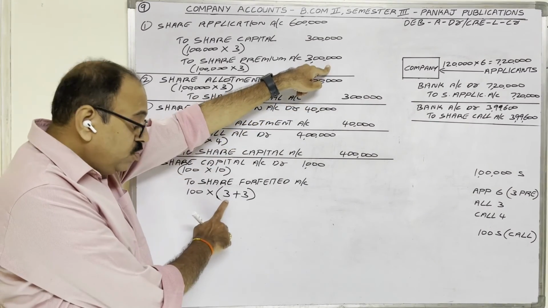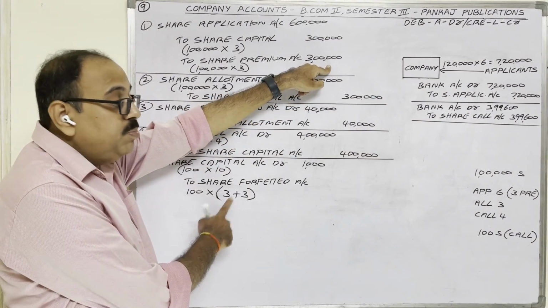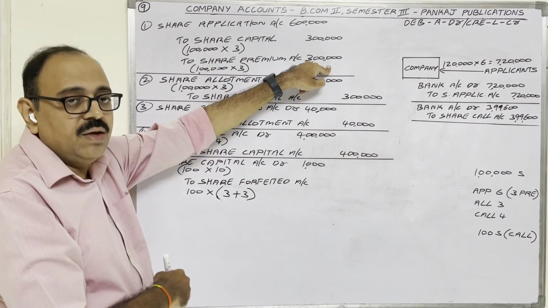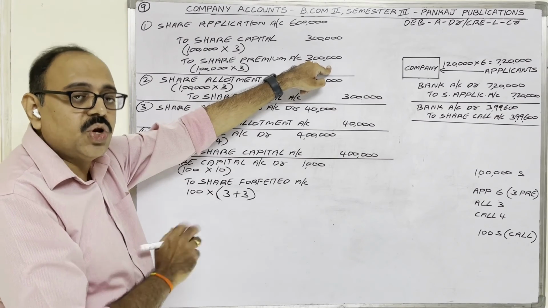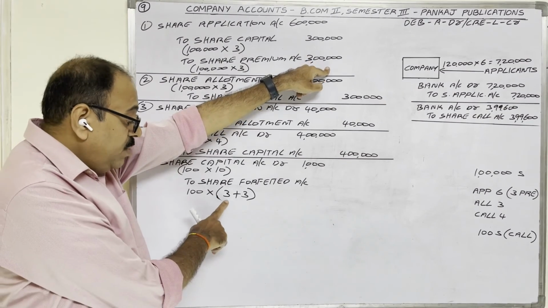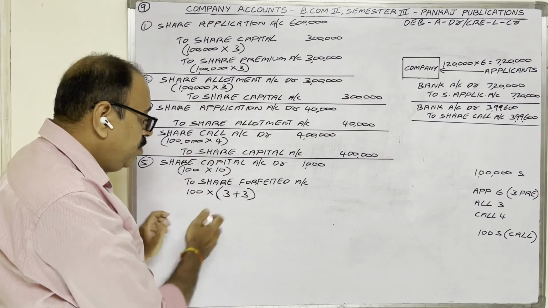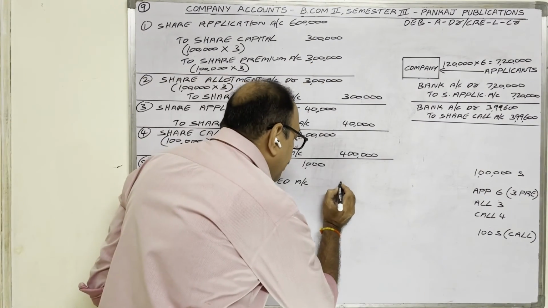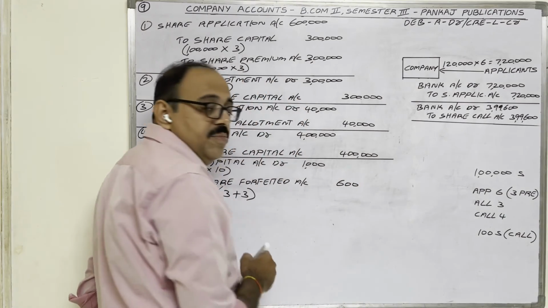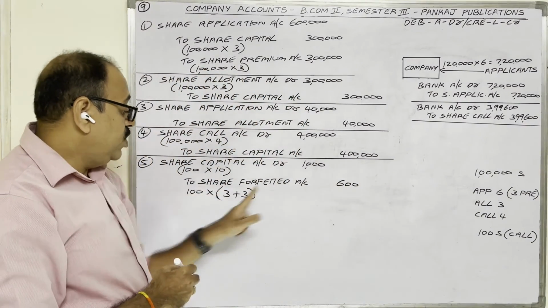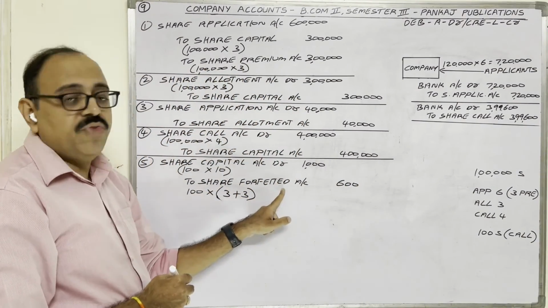If you take 6 rupees here, then the meaning is the premium amount 2 times we are writing as a capital gain, which is wrong. That is why premium money we should not consider here. 100 shares into 6 rupees each, 600 is the capital gain. That gain we should show in share forfeited account.